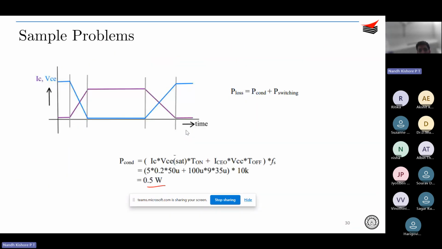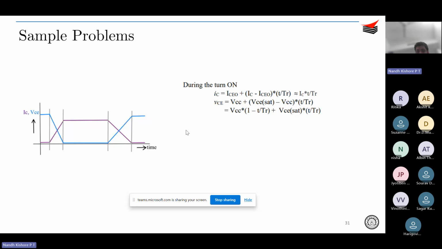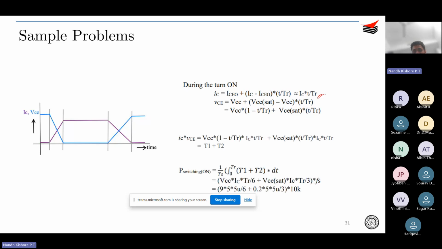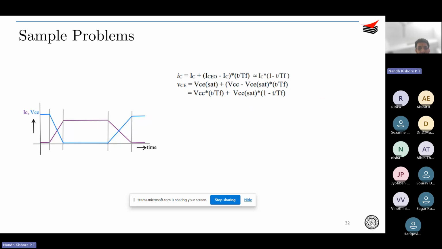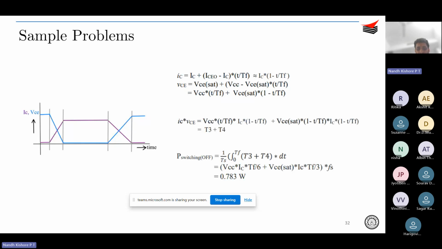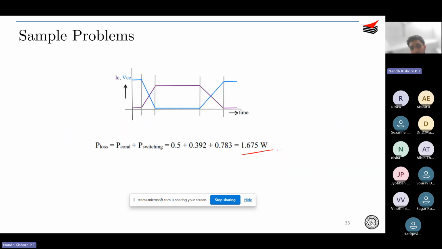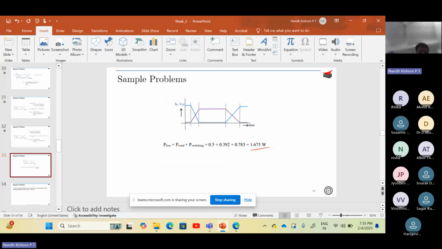If you calculate by the original method I was just telling, using the line equation, IC into T by TR, that is, if you take the time component in terms of the line and integrate it from 0 to TR, calculating by the accurate method, you end up with 1.675. So there is a difference of about 50 milliwatts, but that's fine, because we approximated the lower value as 0.